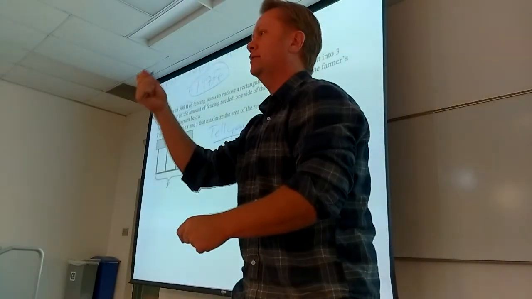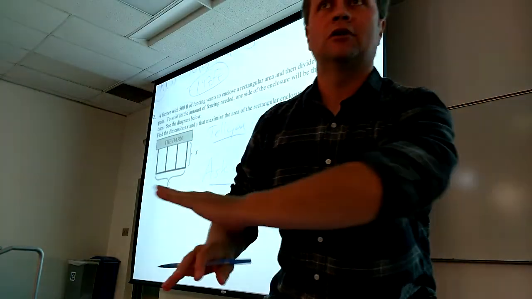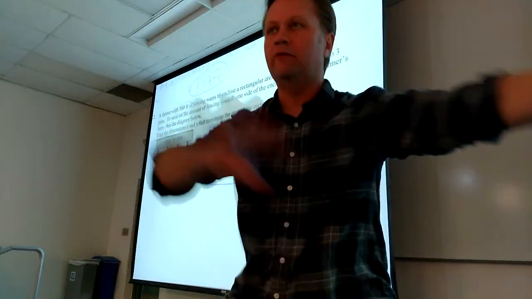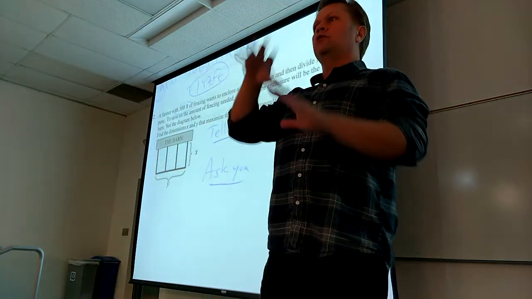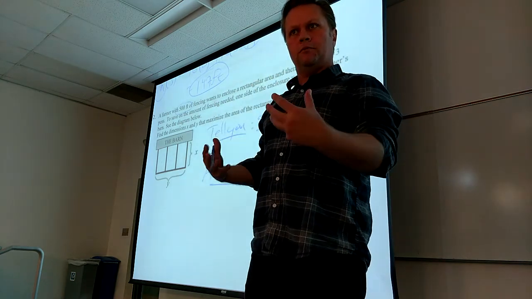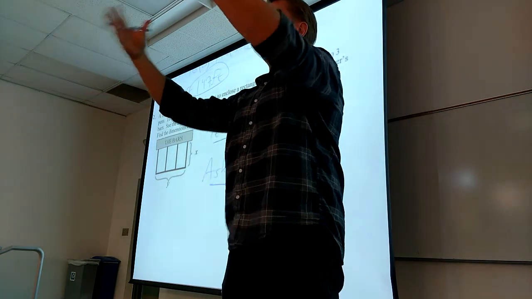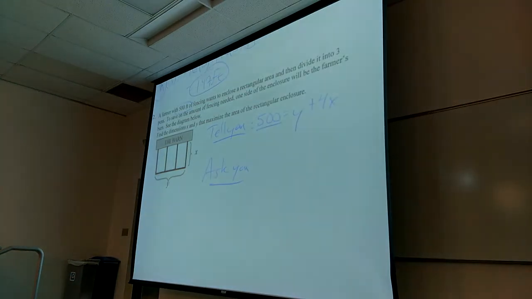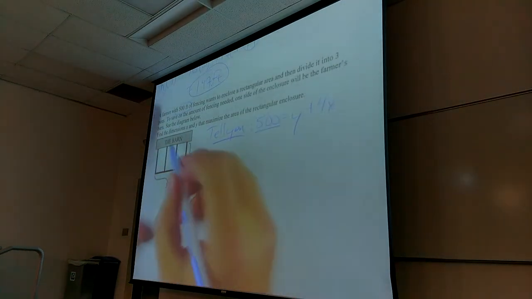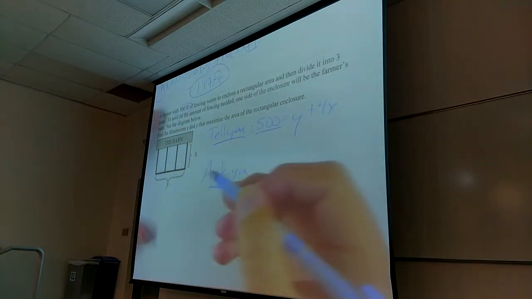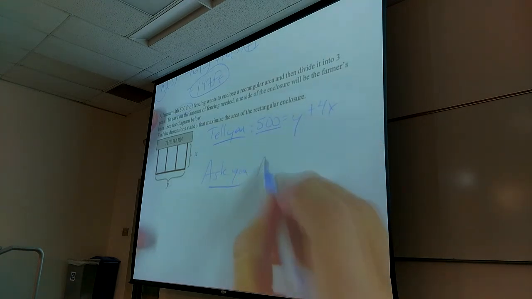Ropes have mass. The tops of tables are not frictionless, thank God, or else everything would just be everywhere. So you start with the simplistic, and then you start adding in the hard reality. So here we're going to assume that these fences don't do anything. So what's the total area of this? It's just going to be x times y, right? So the area equals x times y.